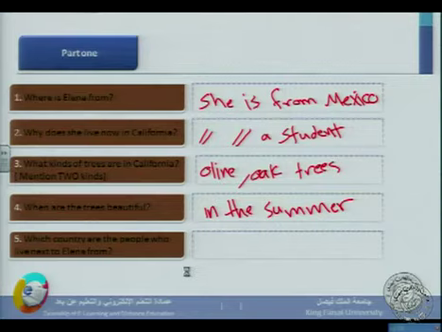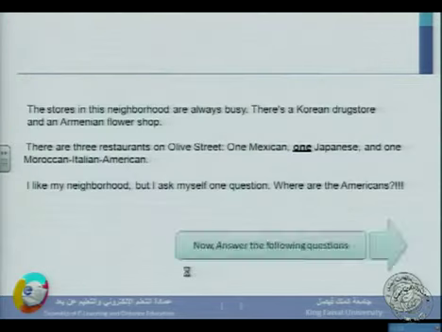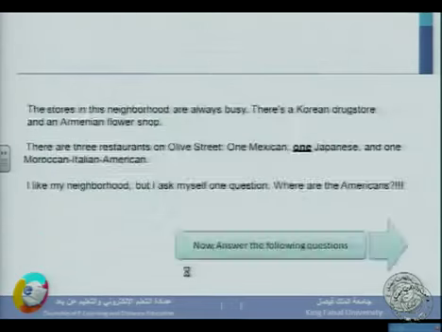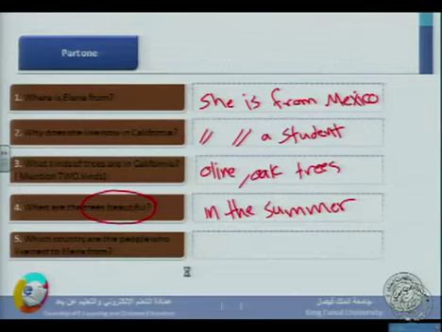I only know the answer when I read the question well. Once you read the question carefully, it means you've actually known half of the answer. The word beautiful, tree beautiful: when I went back to the passage I found the word beautiful. So I found, yeah, this is the sentence. The trees are beautiful in the summer.